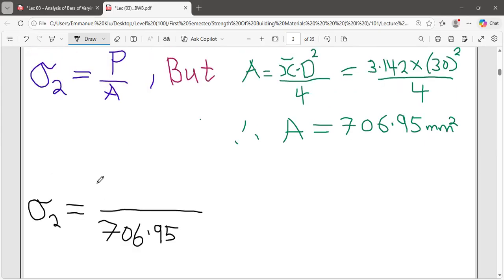Then over here we put 35,000, that is 35,000 Newton, and the denominator is in millimeter squared. You see? So it's just a matter of computation. Quickly punch this in your calculator. That is 35,000 over 706.95. And what are you going to get?